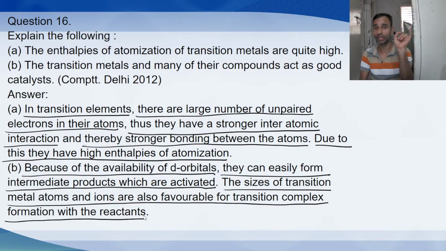They act as catalysts due to the presence of unpaired electrons in their partially filled d orbitals and due to variable oxidation state. They provide surface area for the reaction to take place, and at the same time they can form complexes. That's why they are good catalysts.